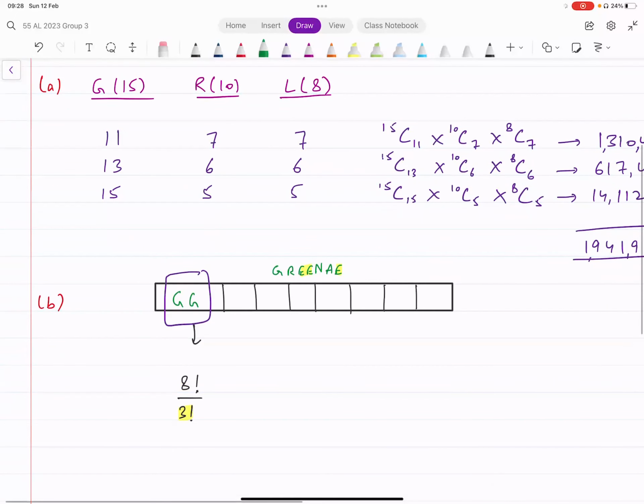In this case, you also have this possibility that another G is also here next to them. जब बाकी सबको आप randomly arrange कर रहे हो, तो उसमें ये भी तो possibility होगी कि ये वाला G भी यहाँ पर आ जाए, right? और फिर 3 G's इकट्ठे हो जाएंगे. That is not allowed. So that case is not being considered here. So we have to eliminate that particular case from this.